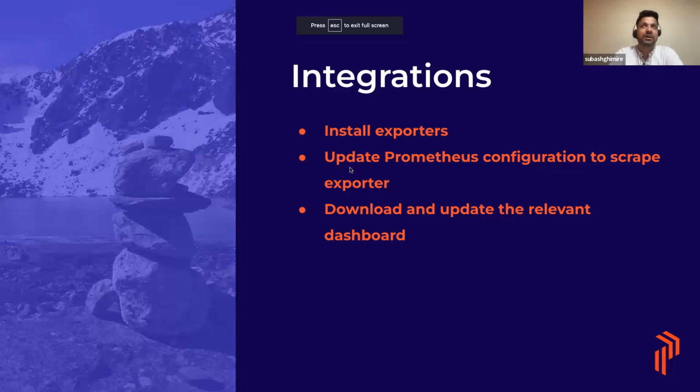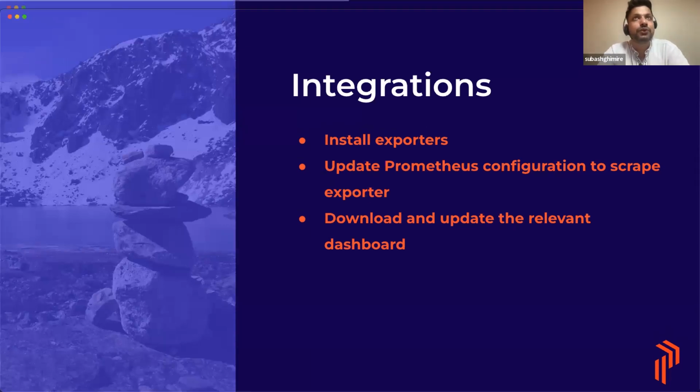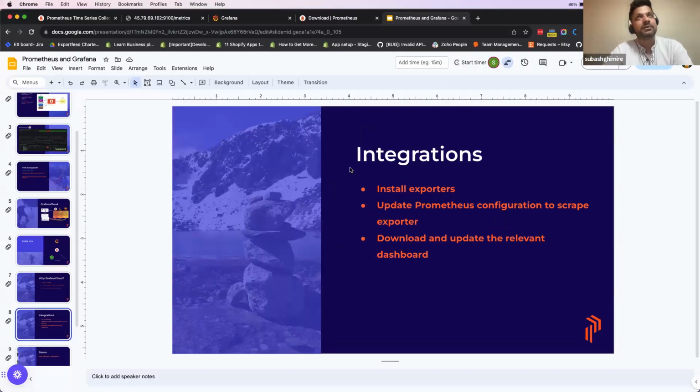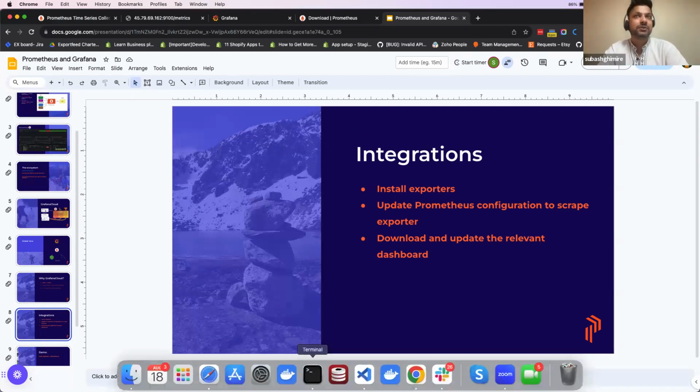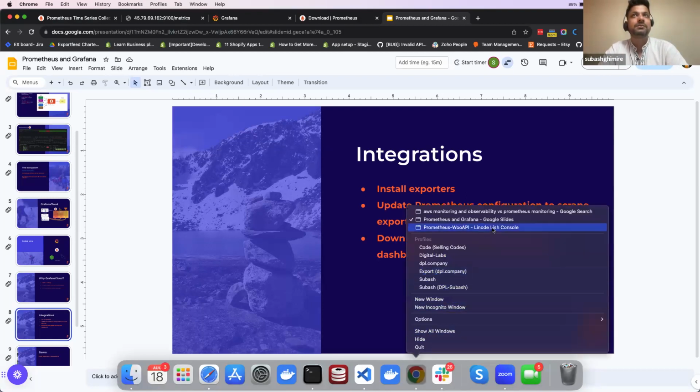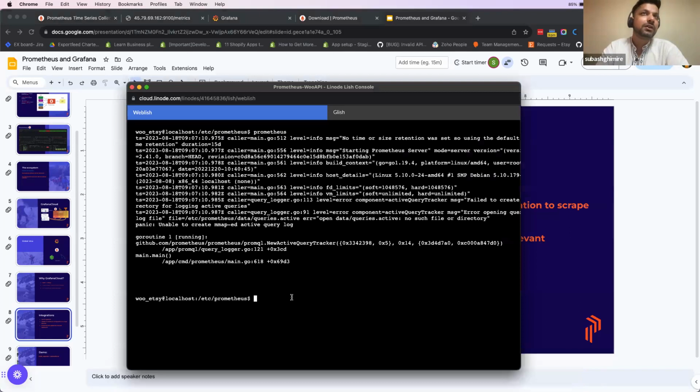Next, we have to tell Prometheus to scrape the node exporter details from the particular IP or application and fetch it back to Grafana. For that, I will show the configuration file so that you can try it on your own. So let me quickly go over here.